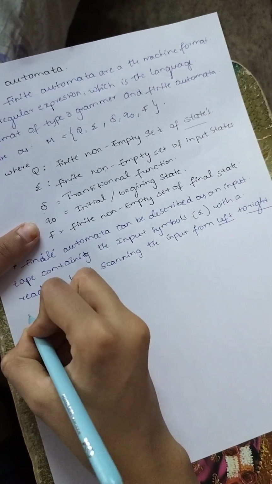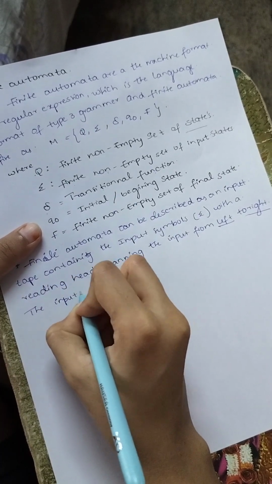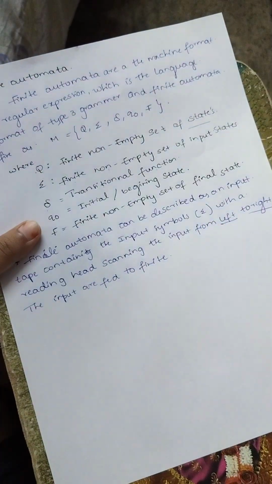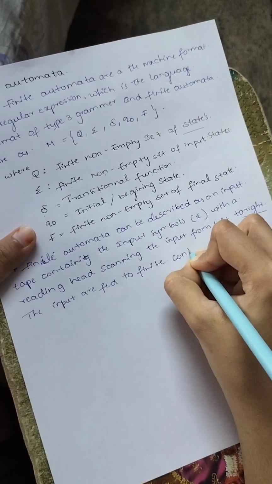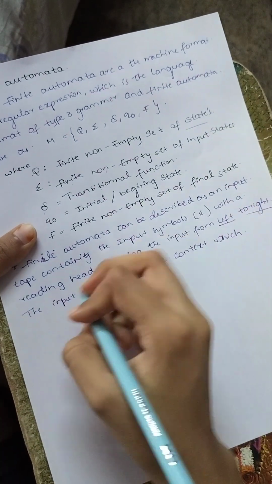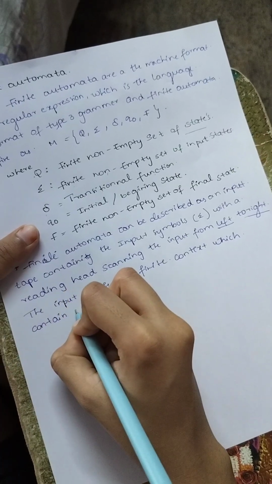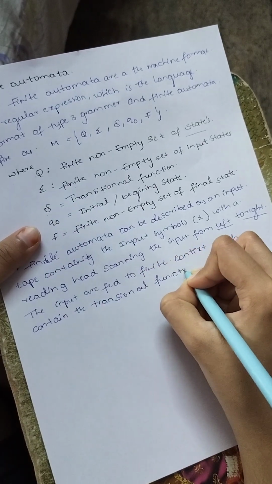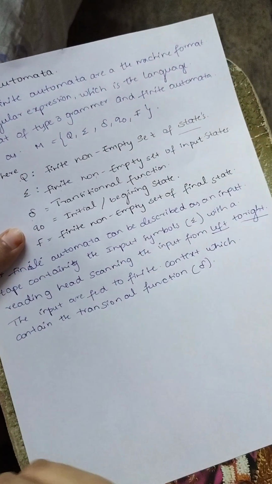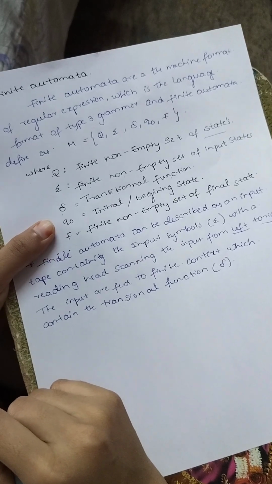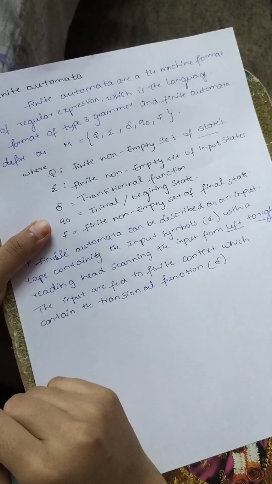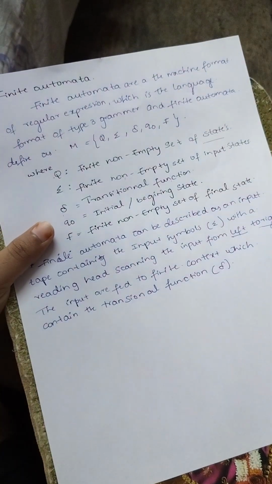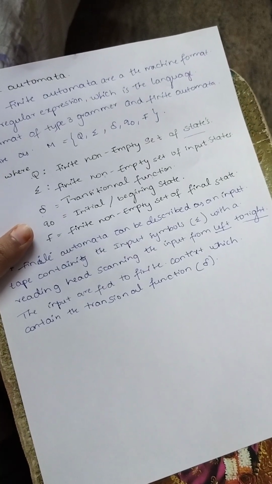And then the input is fed to the finite control, which contains the transition function. So here we are saying that the inputs are fed to the finite control, which contains the transition function in the representation of the finite automata.